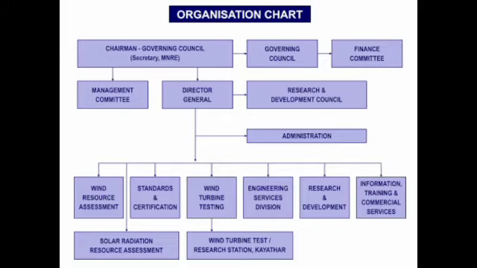The director general also has a supporting team, the R&D council, and the administration team also monitors the works of these departments, and everything has to be submitted to the director general. The director general has to submit his report to the chairman. Like that, there is a flow from top to down, and answerability flows from down to top.